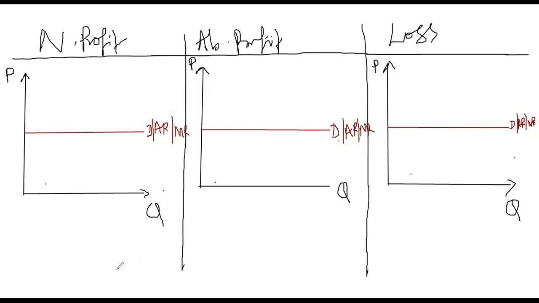So when I draw the ATC, I must draw it at the AR curve, because in normal profit AR and ATC are equal.